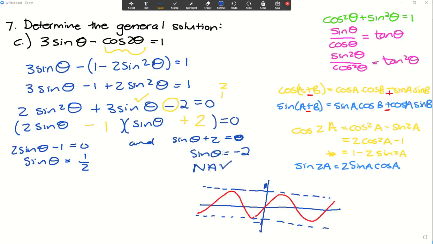And you can plug that in and arc sine that to get your angle. It's going to give you an error. And this is why. And here we end up having sine theta is equal to a half. So I want to know what my reference angle, RA, is when I arc sine.